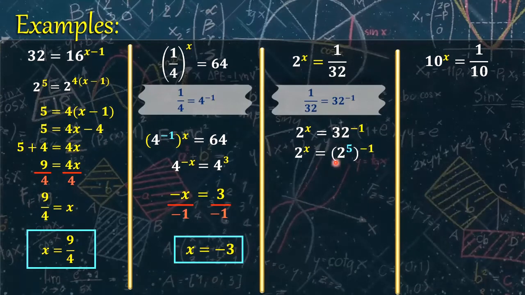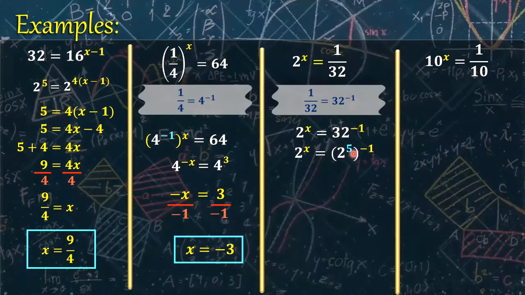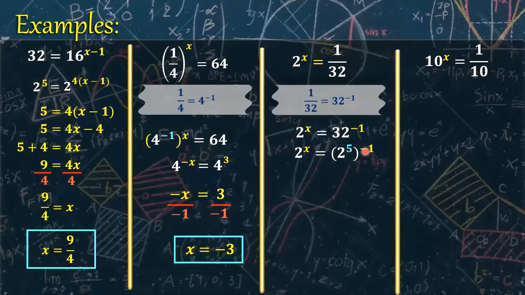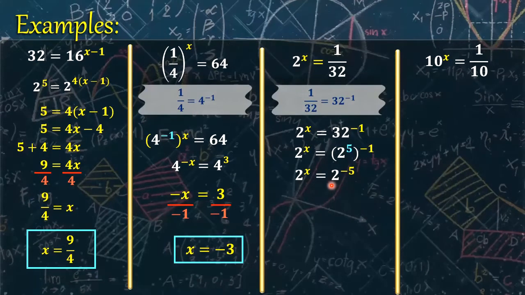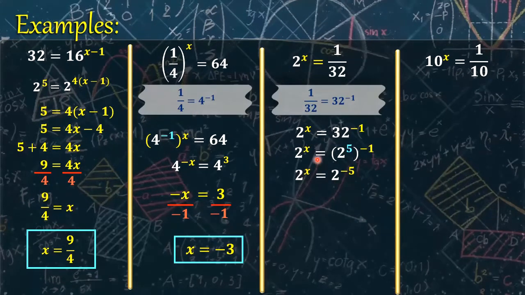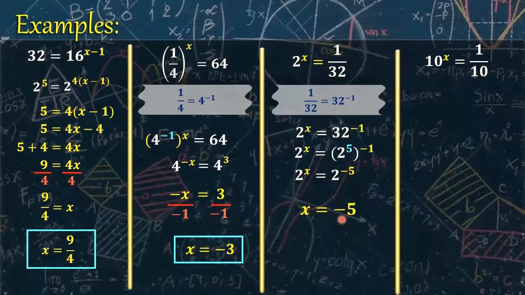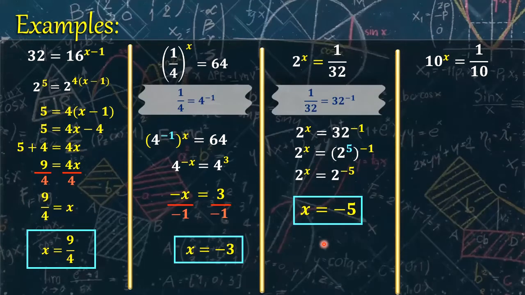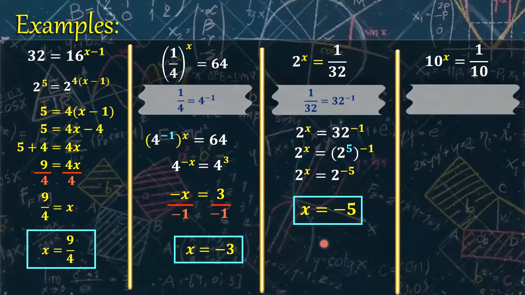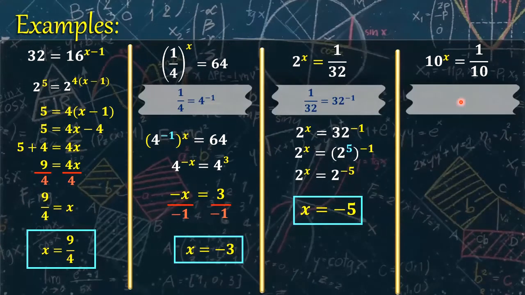So, to simplify the right side of the equation, 5 times negative 1 is negative 5. So, the same na taog base, copy, solve for x using the exponent. So, therefore, our x value is negative 5. Last example, we have 10 raised to the power of x equals 1 over 10.